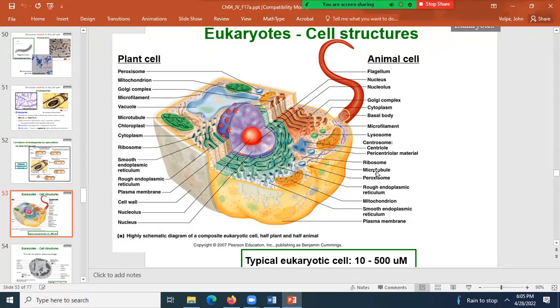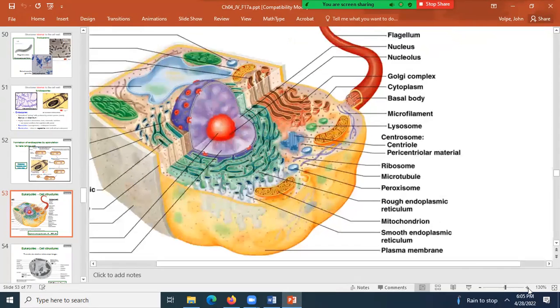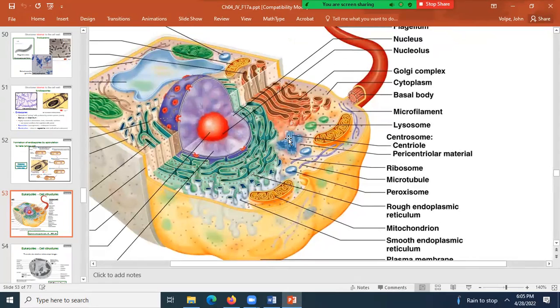So you can find this structure right there in an animal cell, but it's not found in the plant cell. And it's curious because a plant cell does have a mitotic spindle when the cell goes through mitosis, but the plant cell never has a centriole.